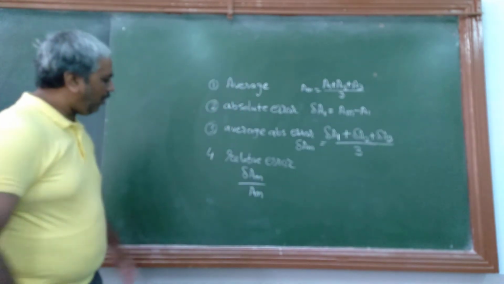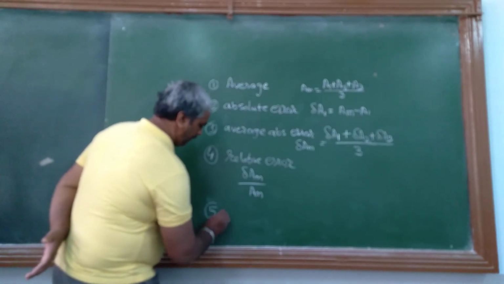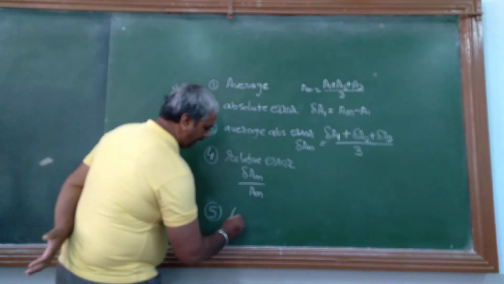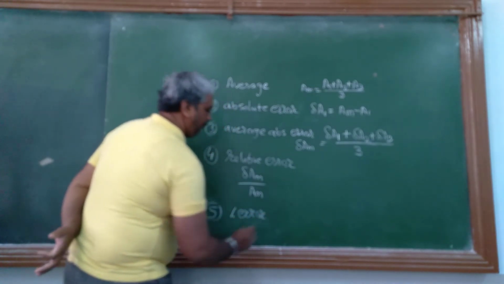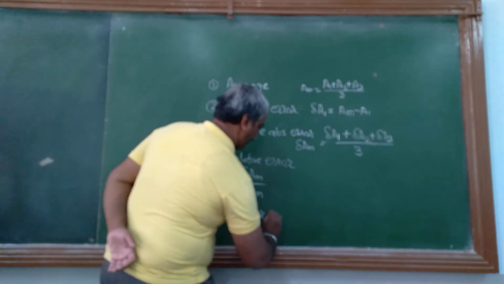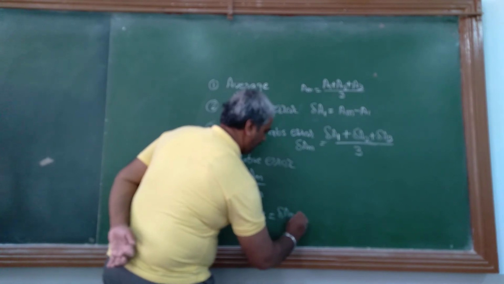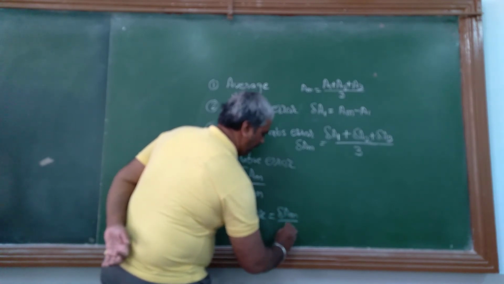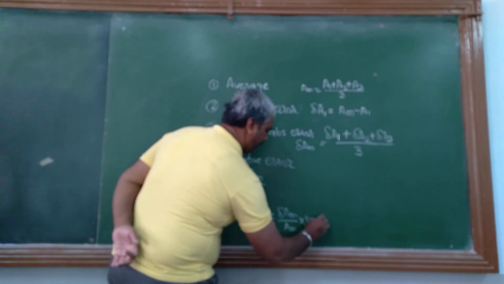And after all these 4, we have the 5th, that is the final, that is called as the percentage error. Percentage error is nothing but relative error into 100%. So delta AM upon AM multiplied by 100%.